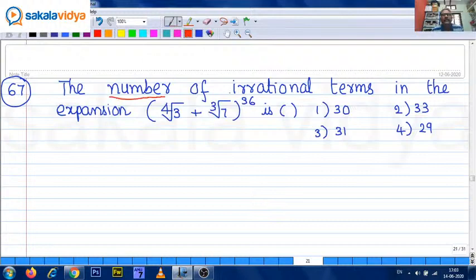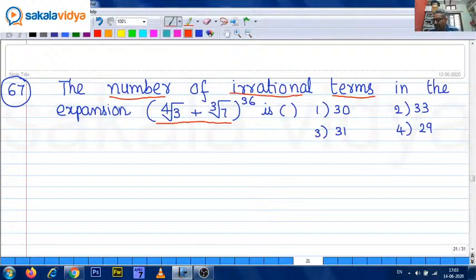Number of irrational terms in the expansion of 4th root 3 plus cube root of 7 whole to the power of 36 we need to find out. So first we need to find the total number of terms in this expansion.